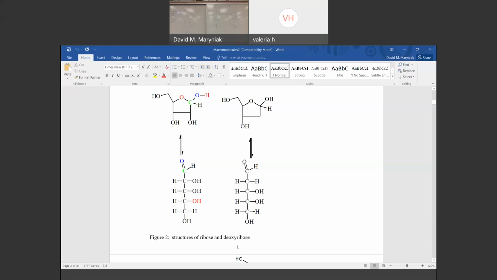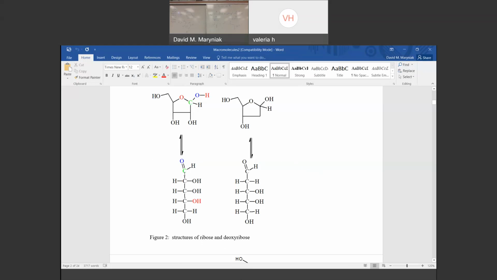Deoxyribose. Which one's found in RNA? Ribose. And what's the difference between ribose and deoxyribose? Ribose has this OH, deoxyribose doesn't. So that's the only difference between ribose and deoxyribose.